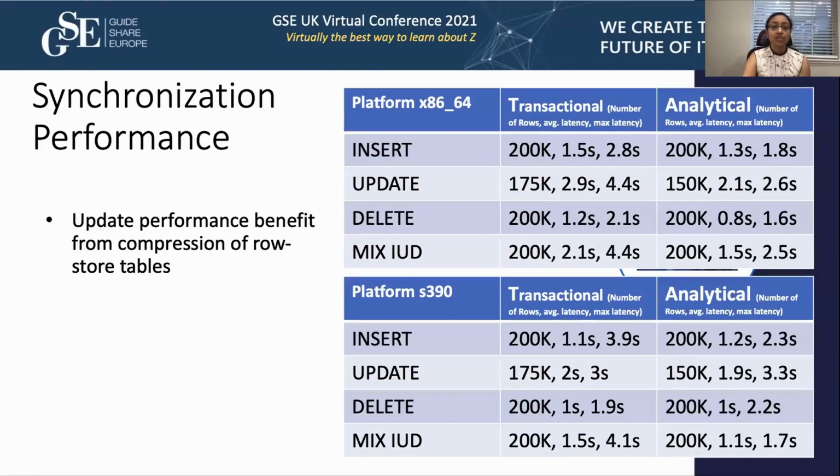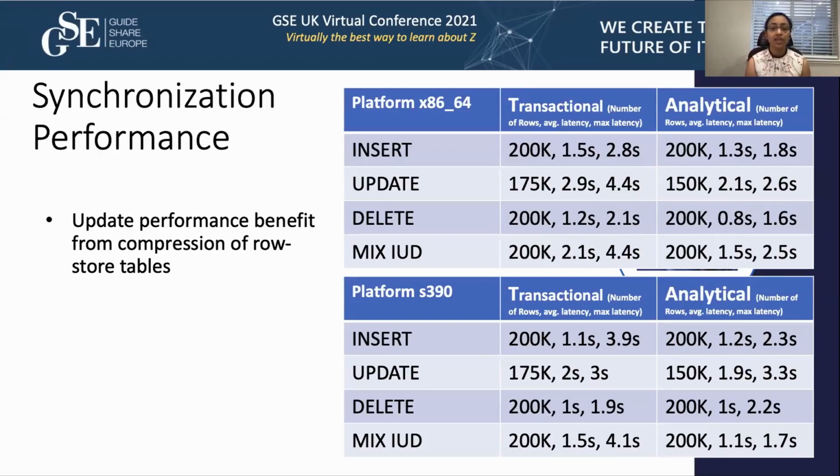Now for the synchronization performance, we have classified this for both platforms, Linux on bare metal and S390, which is Linux on Z. We've been testing with workloads that are purely inserts, purely updates, purely deletes, or mixed inserts, updates, and deletes. You can see that updates take a little longer and hence have a little lower throughput because updates are internally decomposed as inserts and deletes.